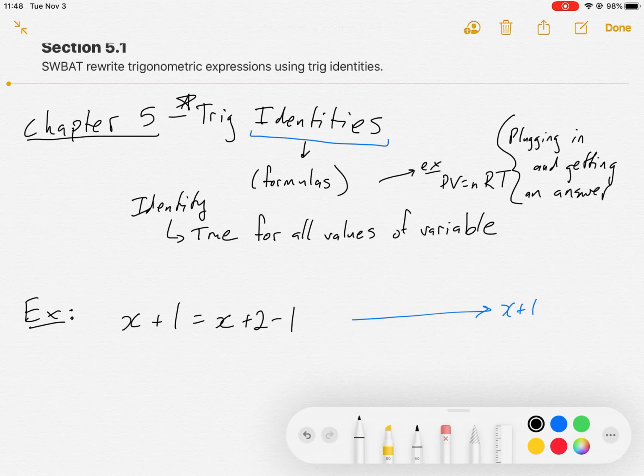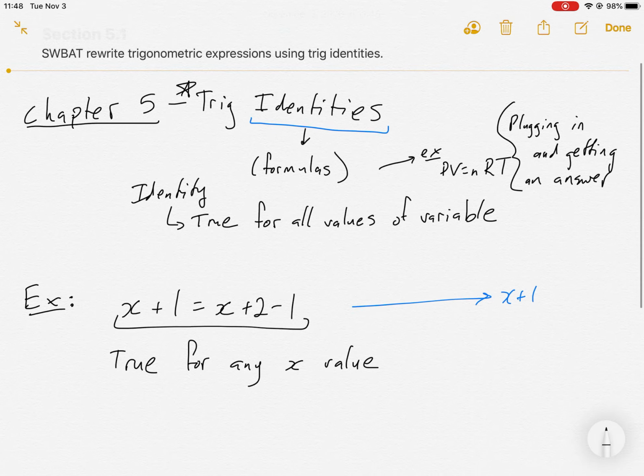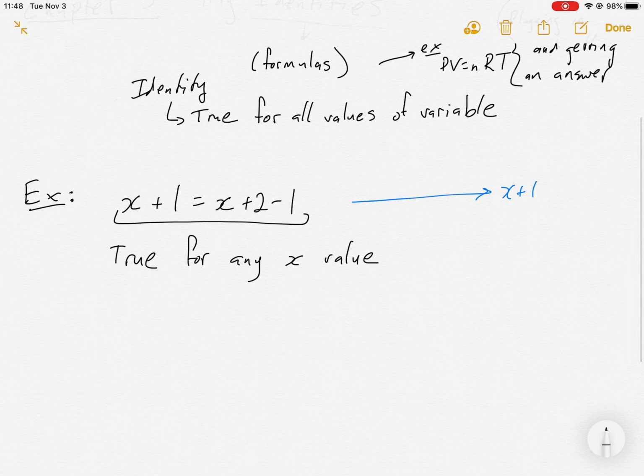But the point is that if you look at this equation, this is true for any x value. So this might be considered an identity. We wouldn't call this an identity. We'll see some trig identities in a moment, but this is true for any x value. So this isn't really a formula, but this is kind of what we're going to be talking about with trig.